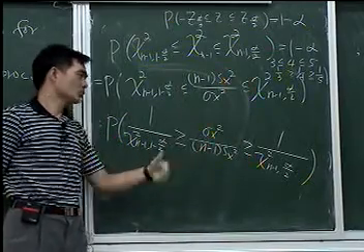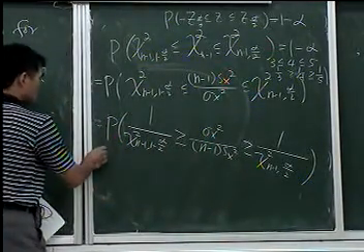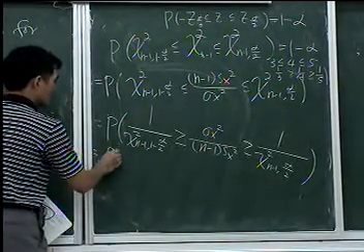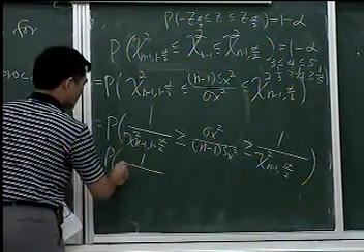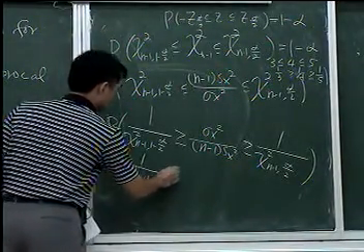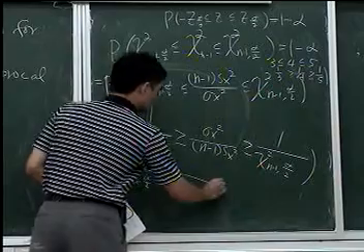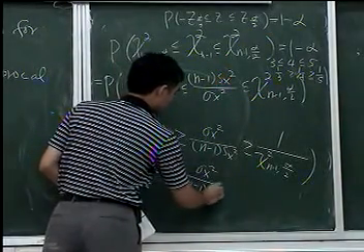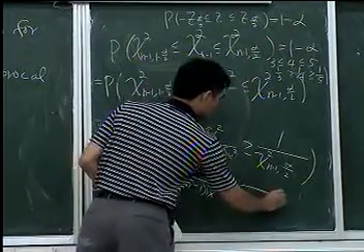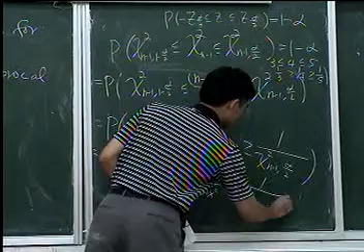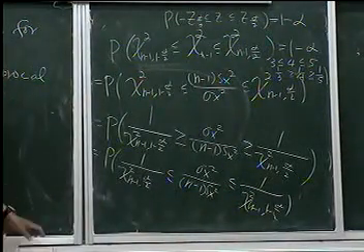So let us rearrange this equation. We have P, 1 over chi-square n minus 1, alpha over 2, less than or equal to sigma x squared over (n minus 1) Sx squared, less than or equal to... Any questions?